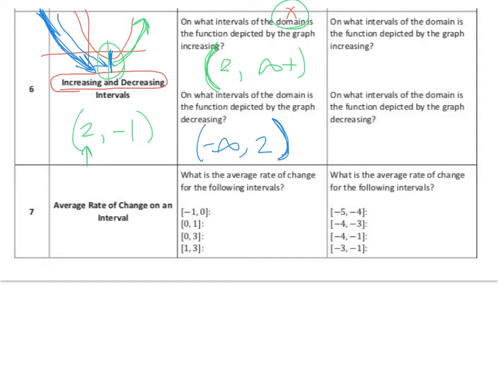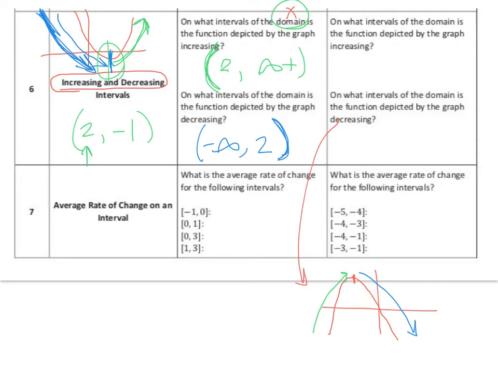I'm going to sketch it down here in red. If I look at that other graph, let me look at it really quick. Looks like we're like that. So I'm increasing this way, and I'm decreasing that way from the vertex. There's where the vertex is.